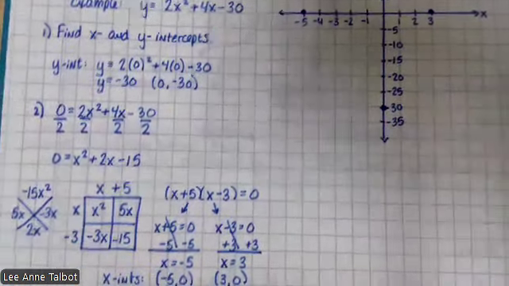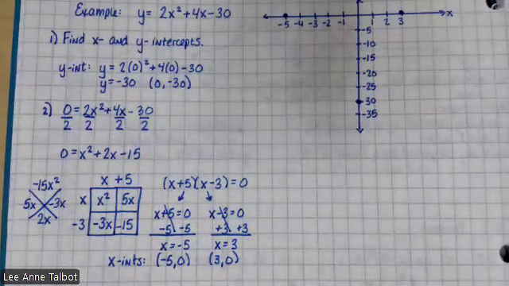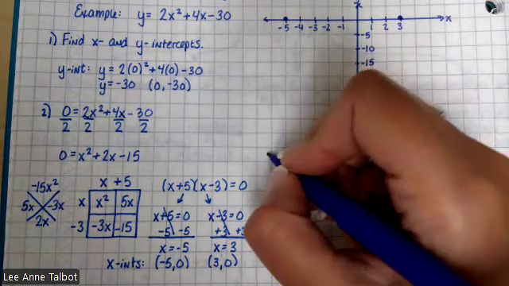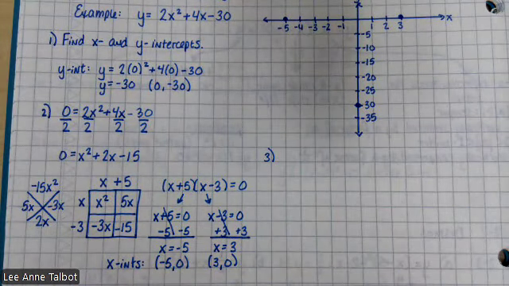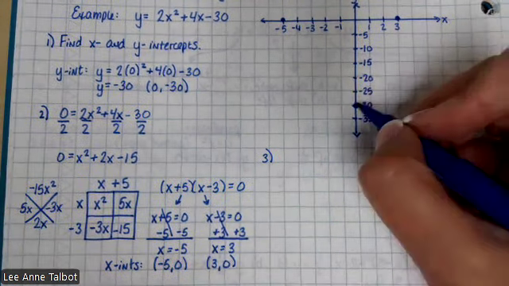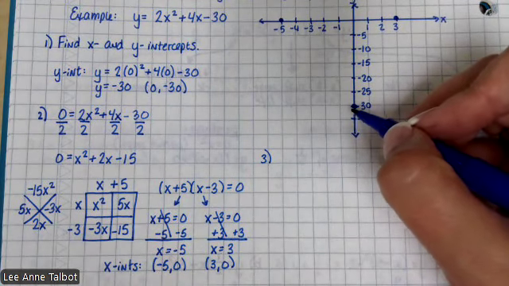Okay, now I have a question. Just an interesting question. Does anybody remember what to do next after you get the x-intercepts? Nope, because this isn't in the middle. I gave you a hint.